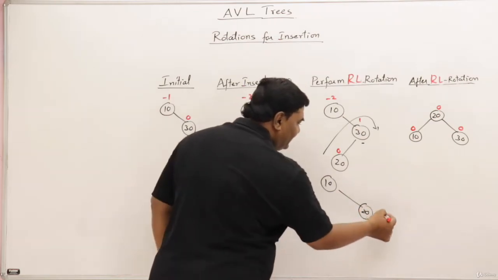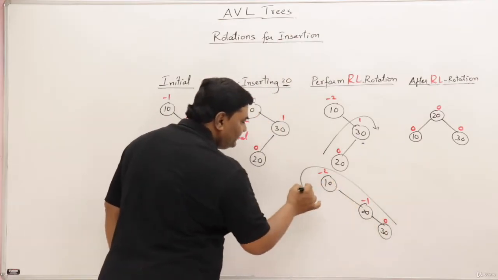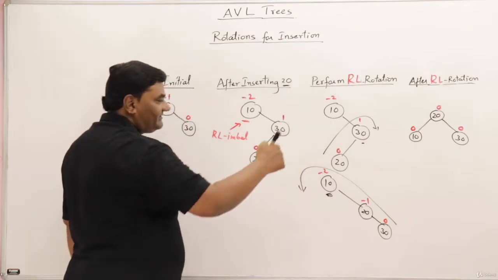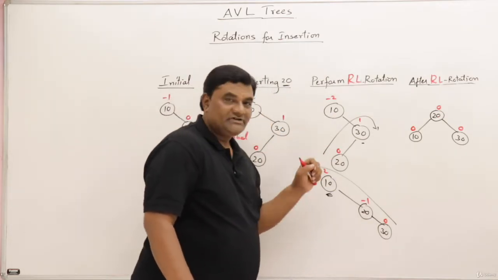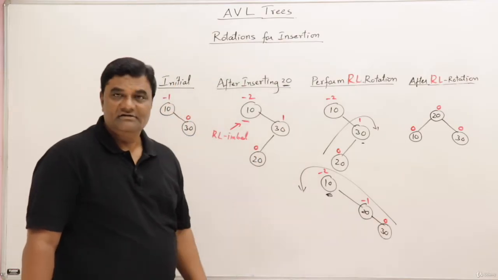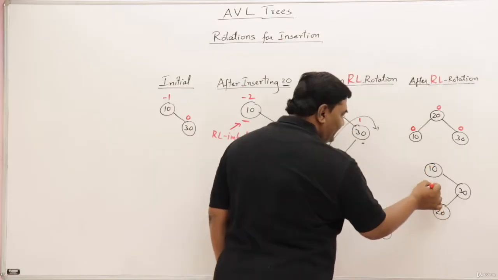So the balance factors are 0, minus 1 and minus 2. Then perform rotation around this node, we get that result. 10 is pulled down, 20 comes here, 30 also moves up. We get that tree.